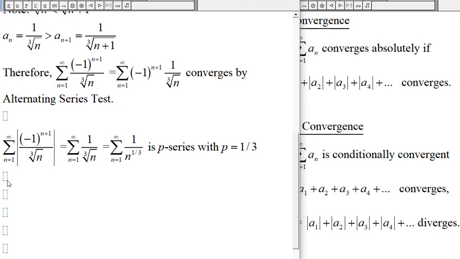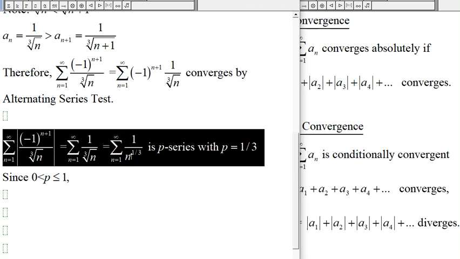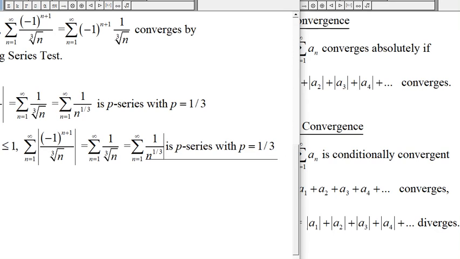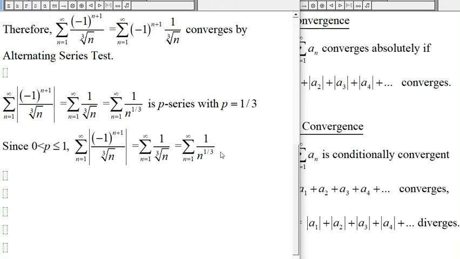And so since p is between 0 and 1, then this series right here diverges by the p-series test.